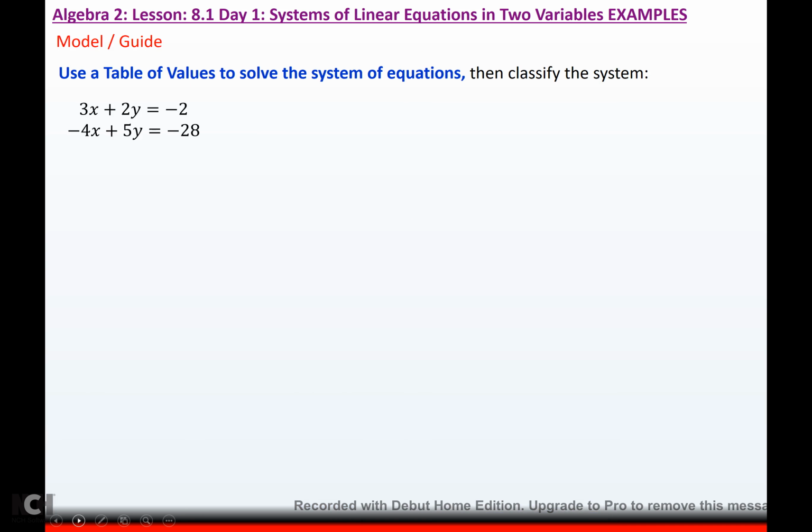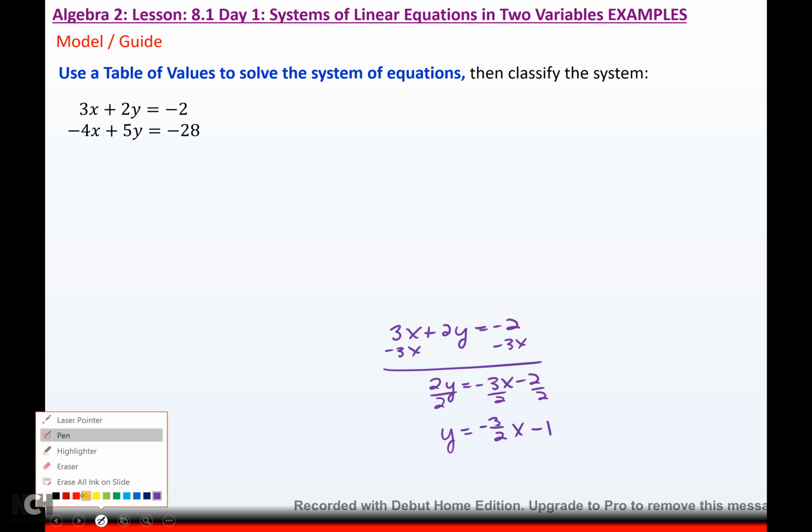Okay? Alright, so on this one, it's not going to work until we get y alone. So if I take my first equation, 3x plus 2y equals negative 2, minus 3x, 2y equals negative 3x minus 2, divide by 2, y equals negative 3 halves x minus 1.